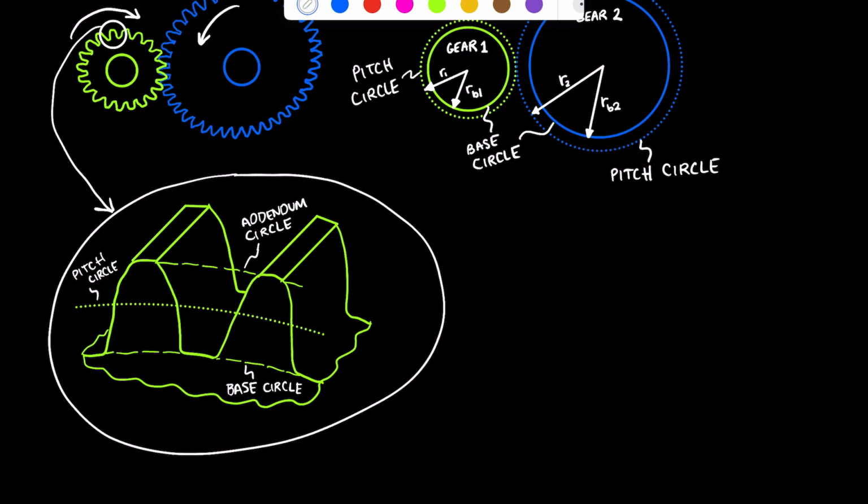All right, let's label a few other things that we will be interested in for these teeth. First, we have the face width of the tooth, which is this distance across the width of the tooth. We call that the face width.